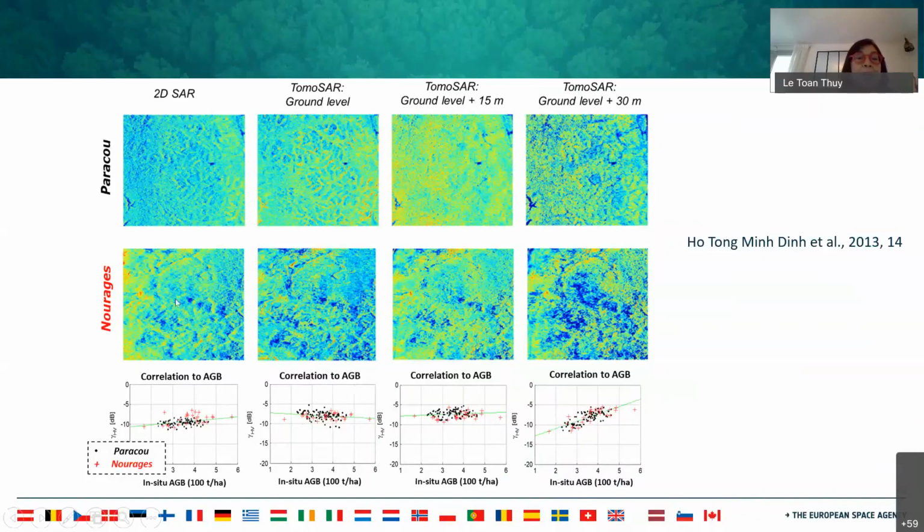And here is another site, Nouragues, the same thing. And then we calculate the correlation with biomass, for the ground level, 15 meters and 30 meters. At 30 meters, suddenly there is no topography effect. So there is a different paper about that by Ho Tong Minh and Dinh.